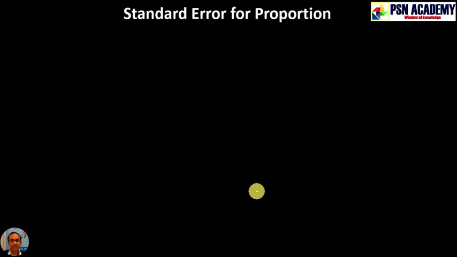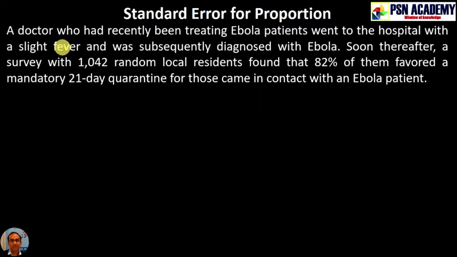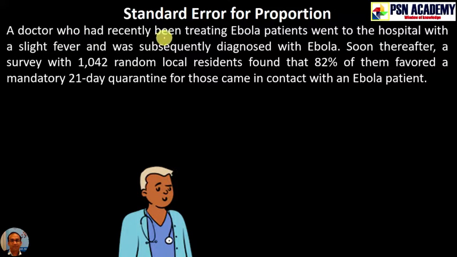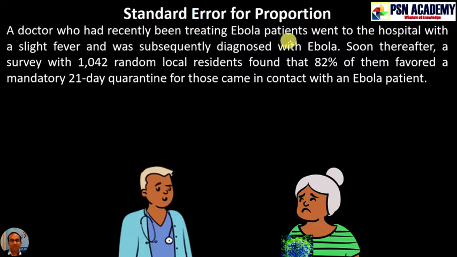Now, we go for a numerical. It says that a doctor who had recently been treating Ebola patients went to the hospital with a slight fever and was subsequently diagnosed with Ebola. That means that during contact with the patient, the doctor got infected. Okay.